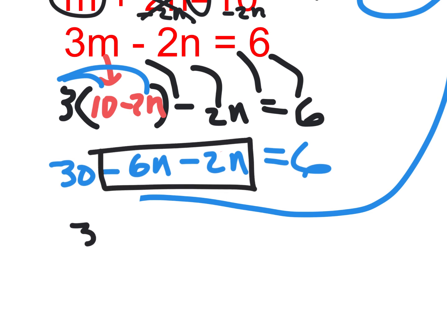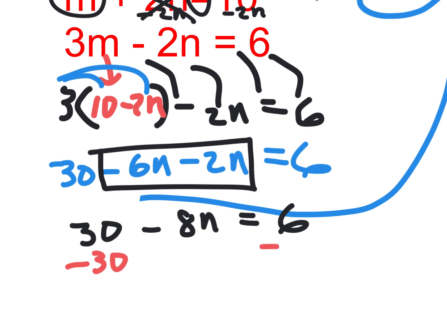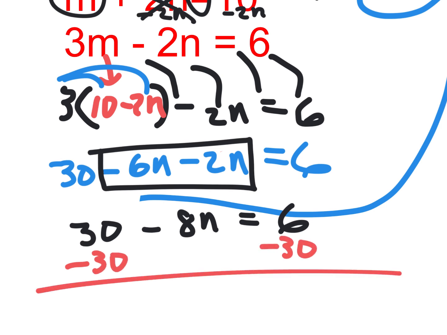Negative 8n. 30 minus 8n equals 6. If you were lost till now, copy it down. Gavin, next step. Minus 30. Yep. Negative 8n equals negative 24.